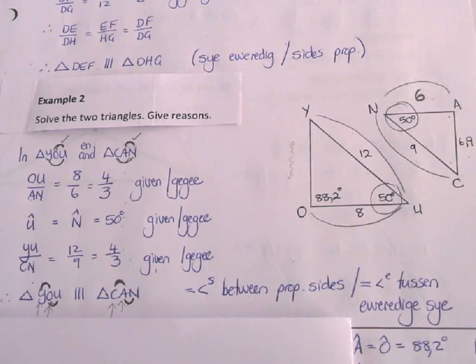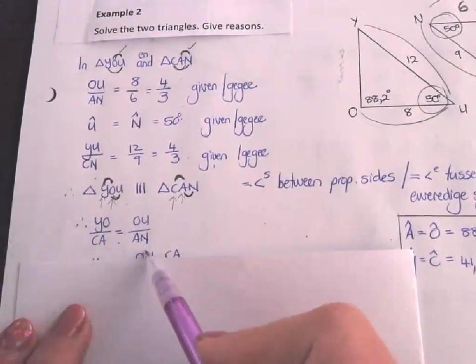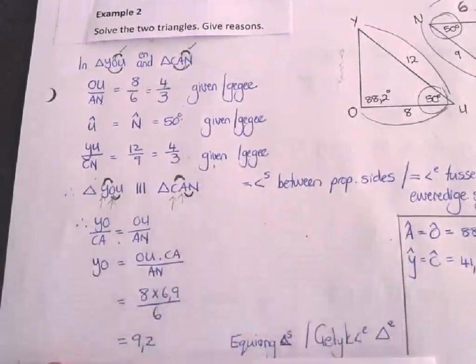Okay, have we started solving the problem? No, we need to get the angles and the side lengths. So, if you use your side ratios, we can work out what is missing.